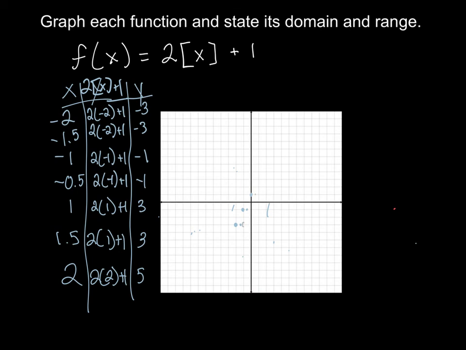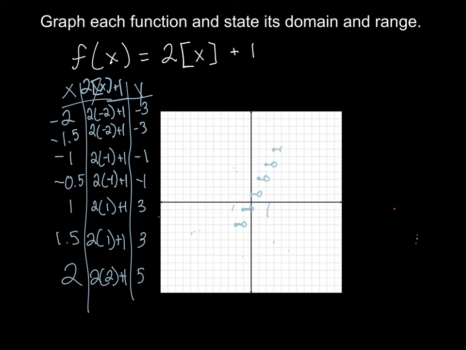So you can start to see, and we're going to do a closed circle because all the way up to this point, it's going to be here. So we end these lines with a closed circle. And it's basically going to keep continuing in this pattern. And this is how your greatest integer function always looks.